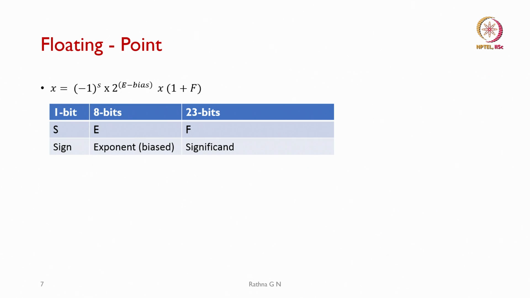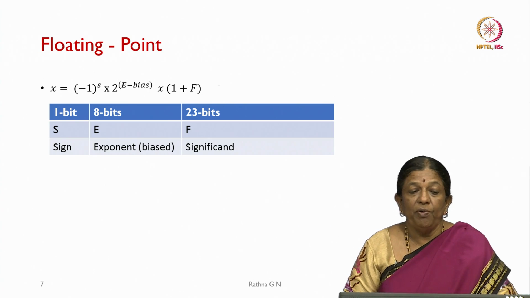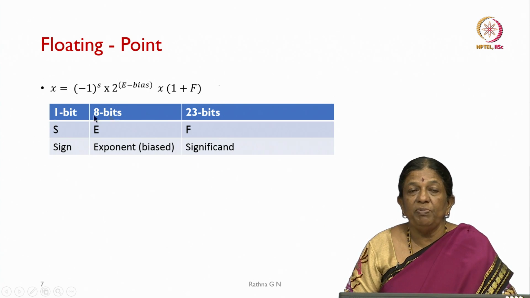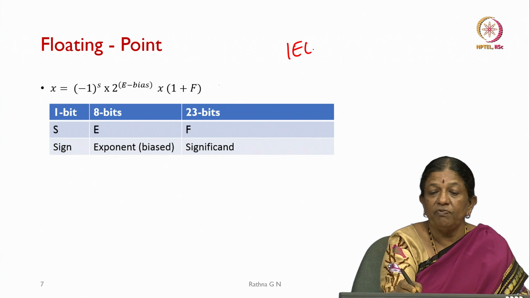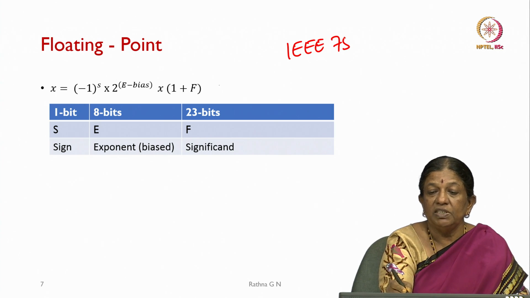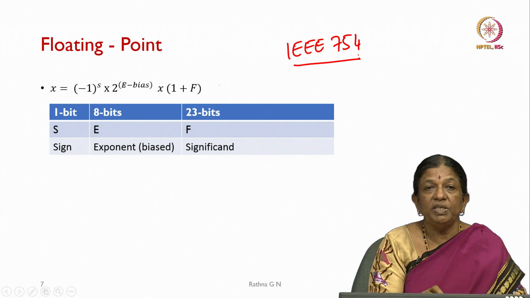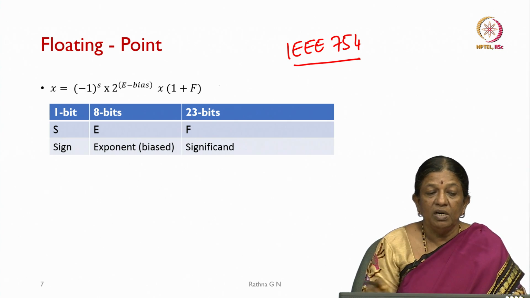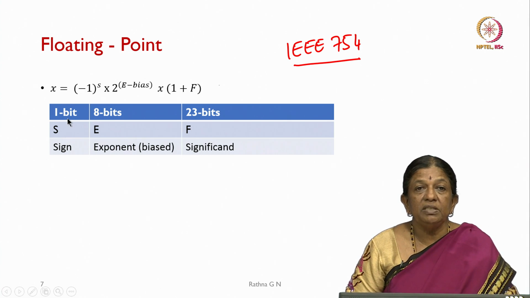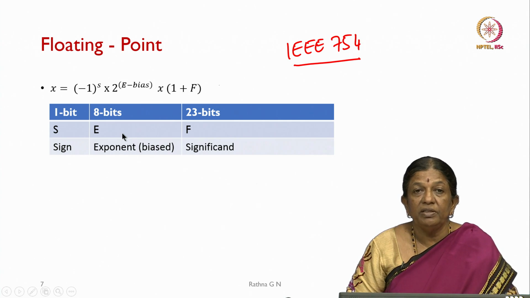Okay. Then we went on to compare with the floating point number system. We said that we will be using the IEEE 754 format, which is the standard one everybody uses. The 32 bit representation is shown here. You will have one sign bit, then the exponent is represented with 8 bits, which we said is biased, and then the fraction is 23 bits.